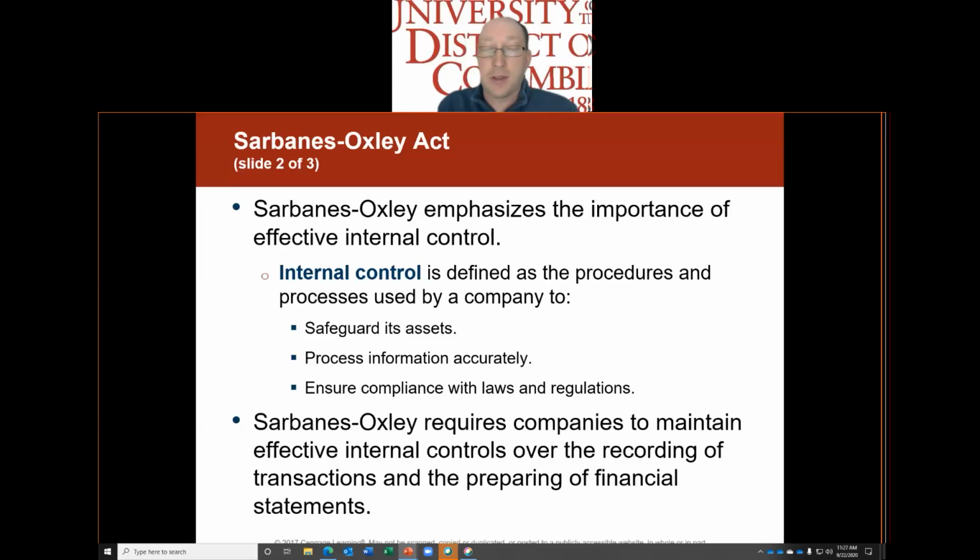So basically, this act provides a set of guidelines for companies to utilize while they're publishing their financial statements, and all of it is being audited to ensure transparency. The more transparent the company is, the less likely they'll be audited in a negative way.